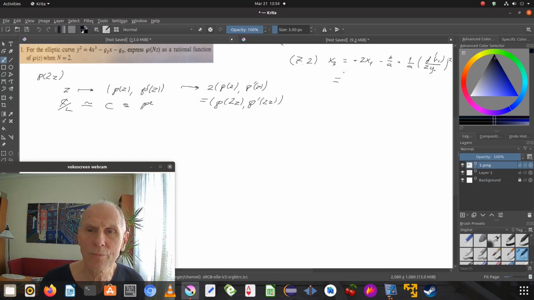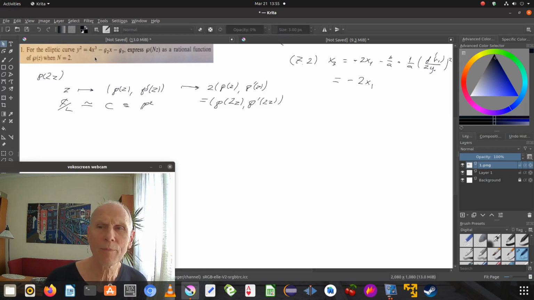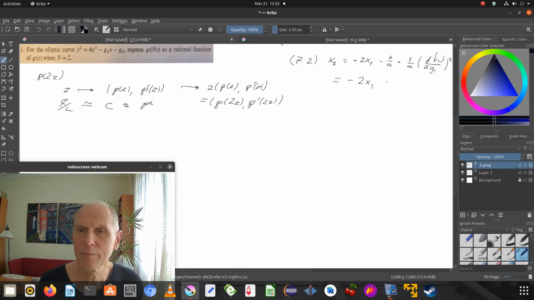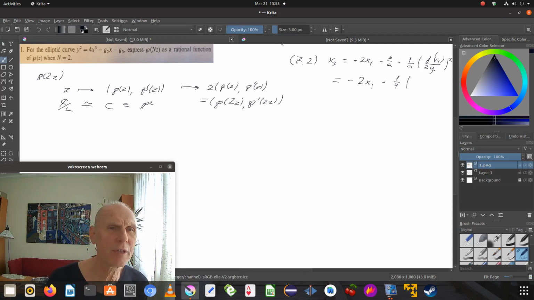So, minus 2x1, a equals 4, b vanishes, and we shall differentiate the polynomial. This is f of x.